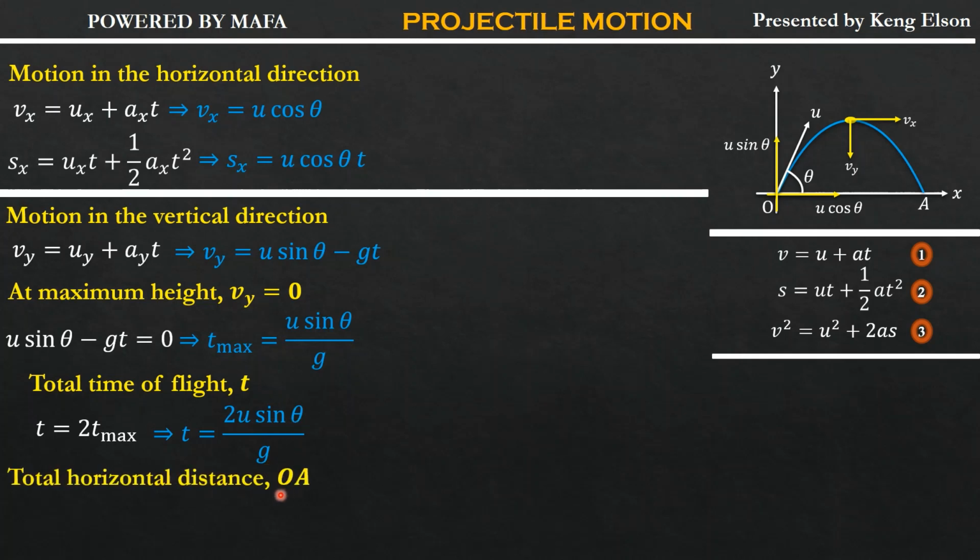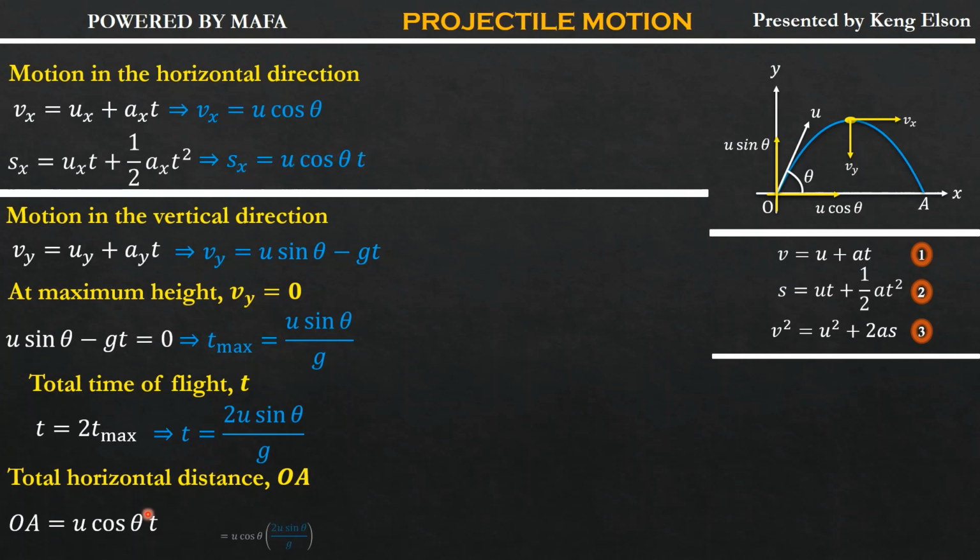Next, we now find the horizontal distance OA. We call this the total horizontal distance OA. We call this total horizontal distance the range of the projectile. So our total horizontal distance OA is simply u cos theta times t. Remember that this is the horizontal distance, which is u cos theta times t. But now, since we have found the total time of flight, we can now get that total horizontal distance.